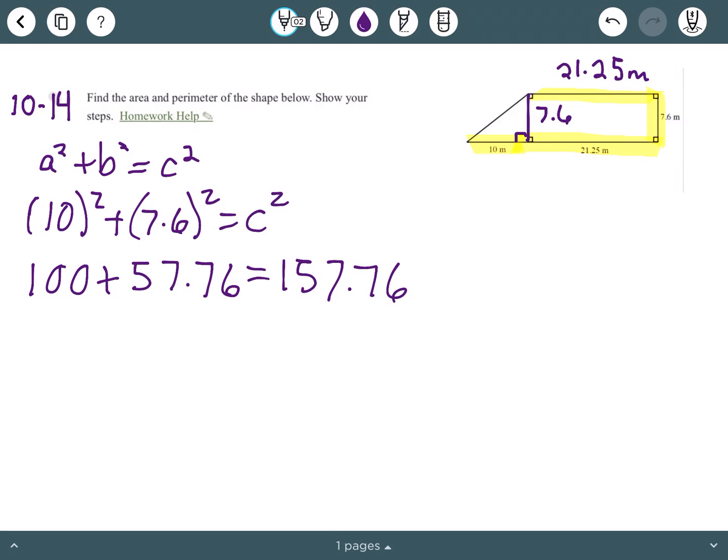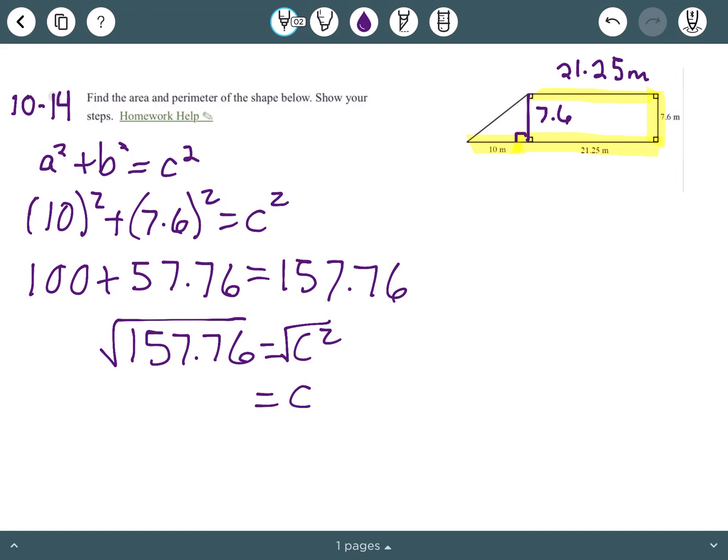All right, so if 157.76 equals c squared, we know that's not the length of our diagonal, right? That's our diagonal squared. So how do we undo the squaring? Well, we take the square root of each side. That gets c by itself.